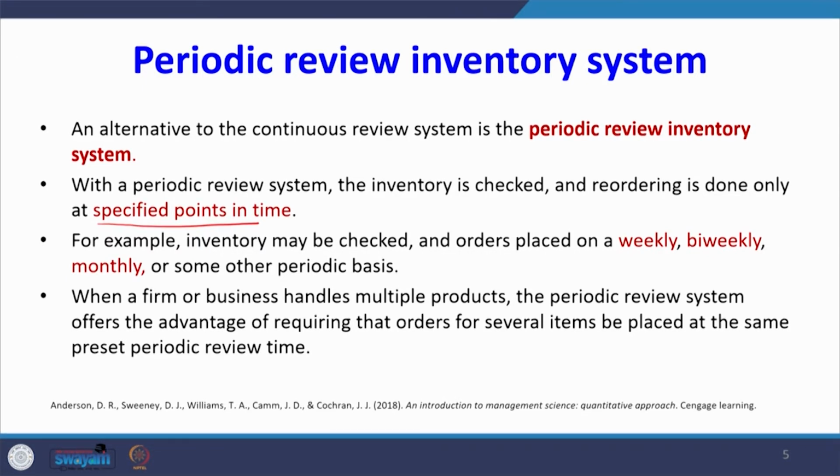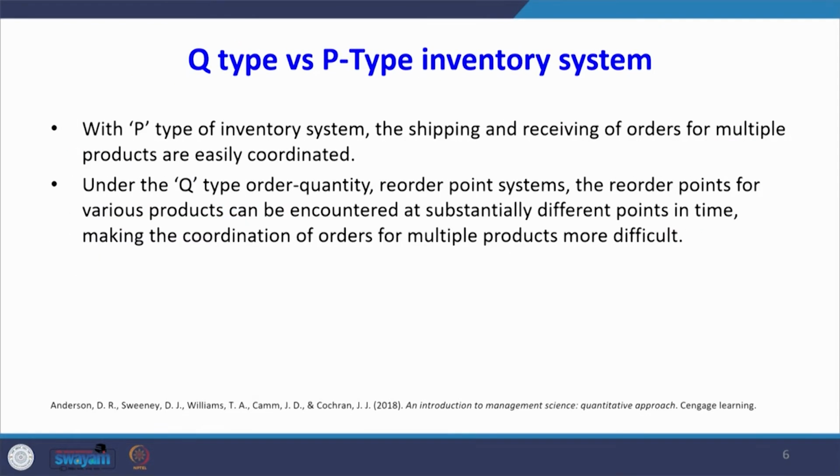So if the company is handling multiple products, you can order all the products at a time, taking advantage of transportation and economies of scale, which is more beneficial for us. With the P type inventory system, the shipping and receiving of orders for multiple products are easily coordinated.